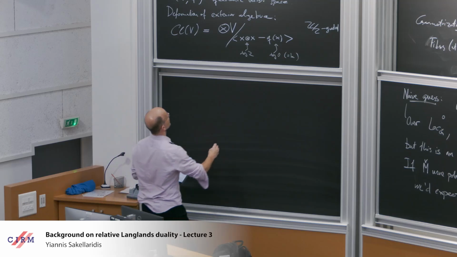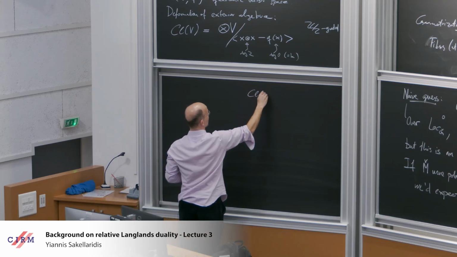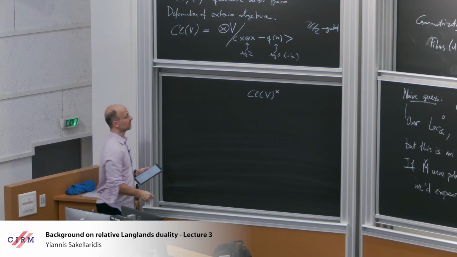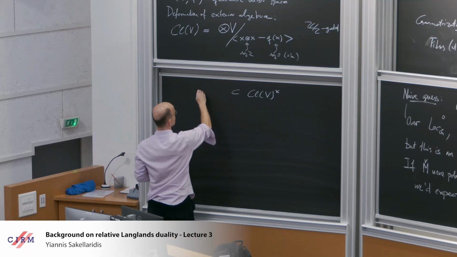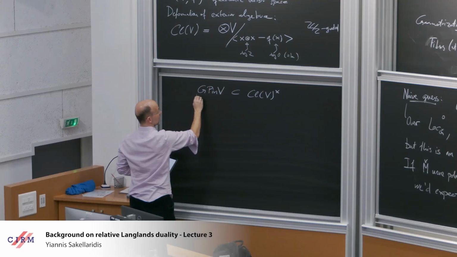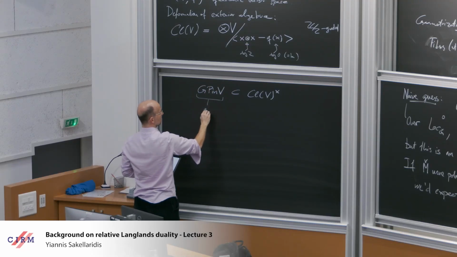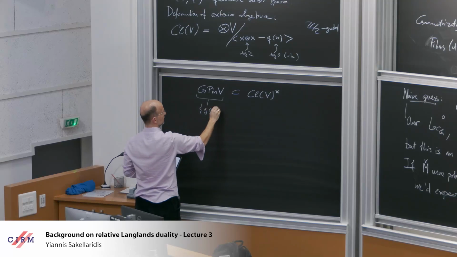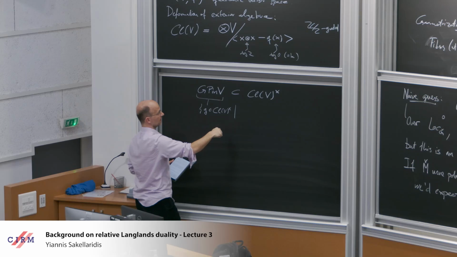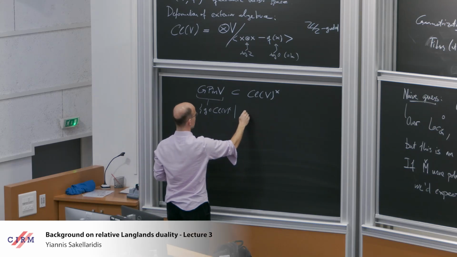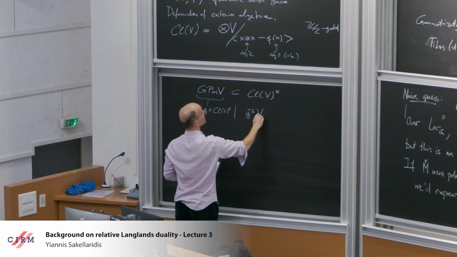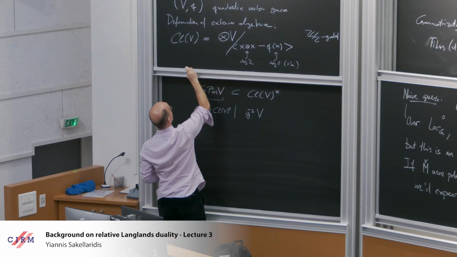So inside of the multiplicative subgroup of the Clifford algebra, there's the general pin group, which is precisely those elements G, which are units, with the property that conjugation by G fixes the copy of V inside of here.